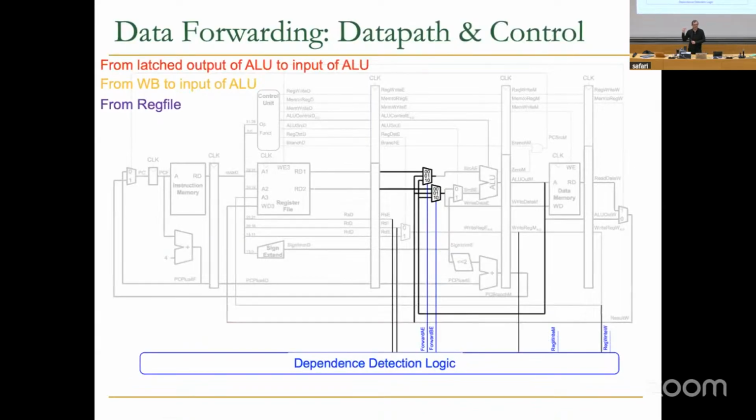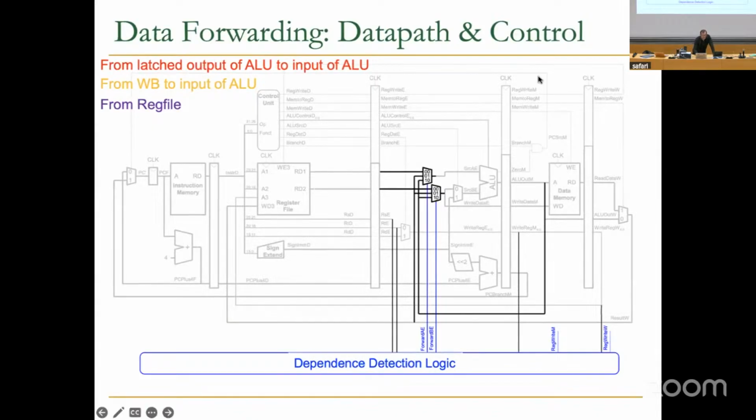Essentially, this is the implementation. What I just said, realized using wires and multiplexers. So this is the ALU. Remember that add produces a result. It's routed into this register, which is the pipeline register at the end of the ALU. We take it, we add a wire that goes into either of the inputs of the ALU, because a dependent instruction may need it as the top input or the bottom input, right?